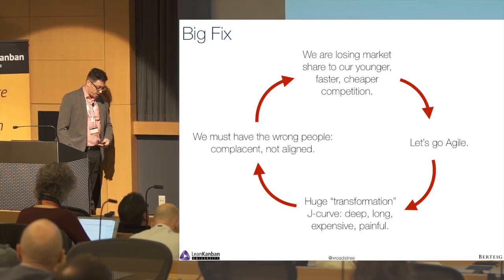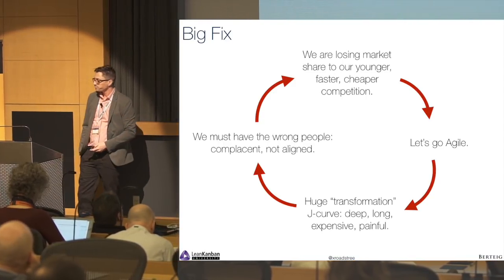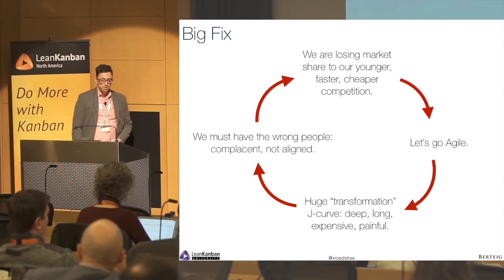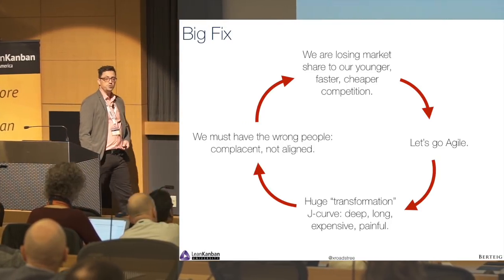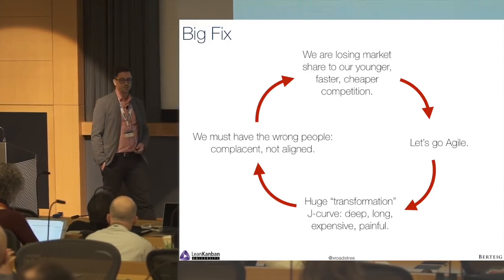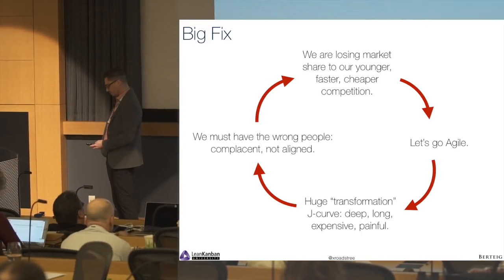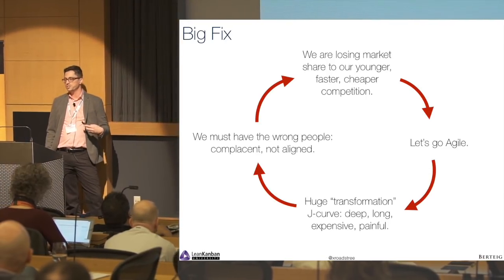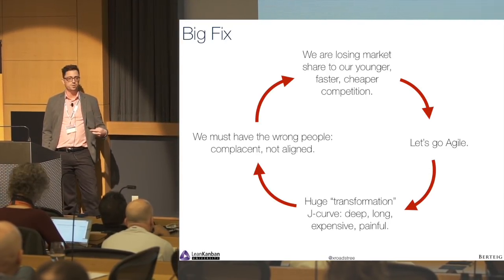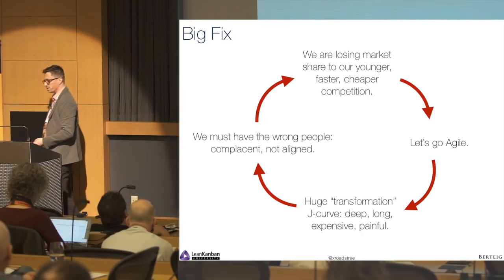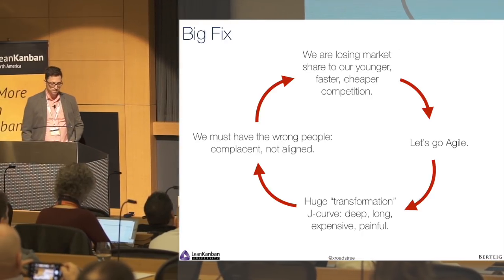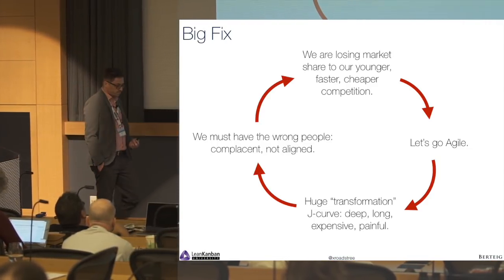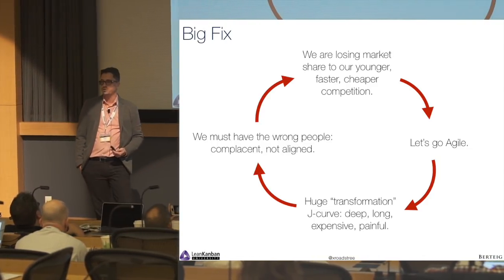So we try to do big fixes because we have big problems. Let's go agile. Let's do a huge transformation, deep J-curve, expensive, painful, long. People experience change the same way they experience pain. We know that from Daniel Kahneman, Thinking Fast and Slow. But when they resist, we think that something must be wrong with them.